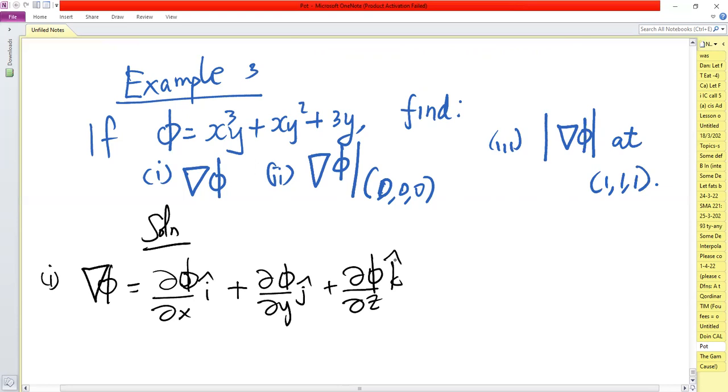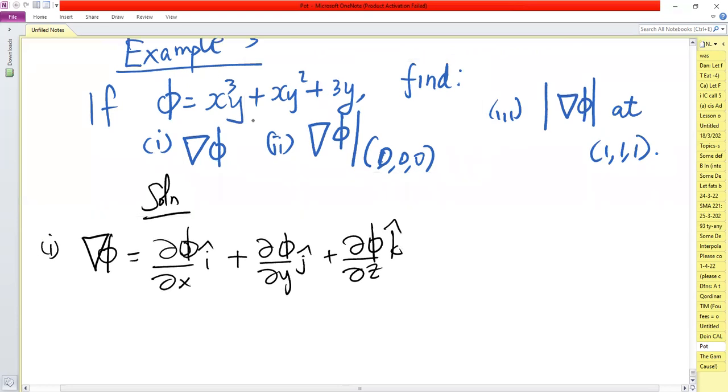This by definition. Now our phi function, when we differentiate with respect to x, the first term will give us 3x squared y, plus the second term will be y squared, and then the third term will be 0 because this is x.